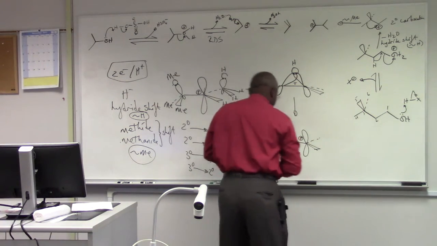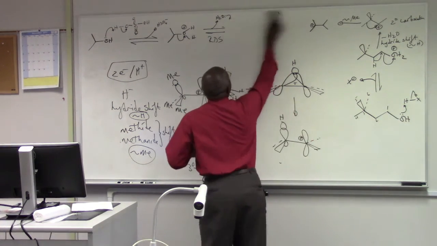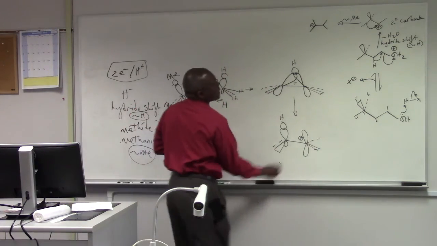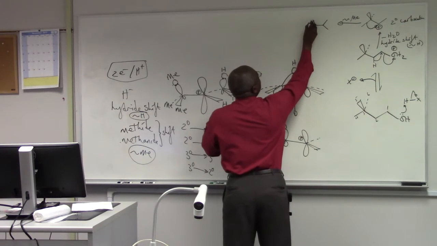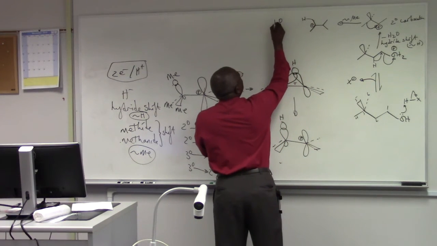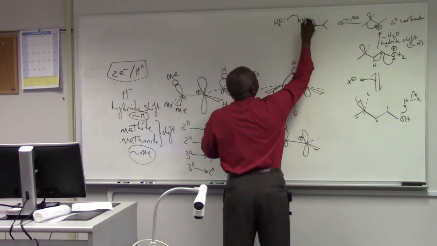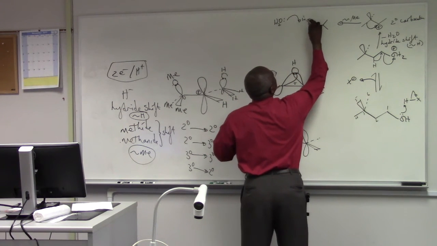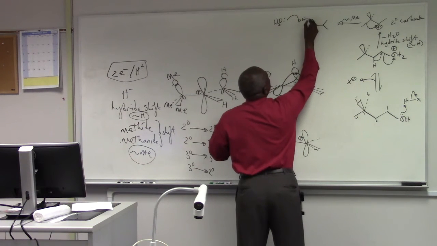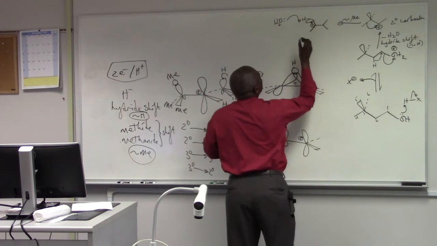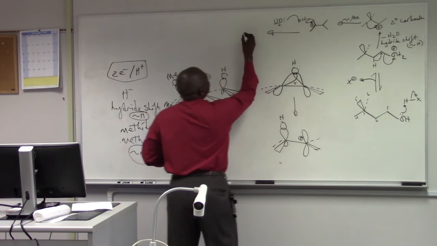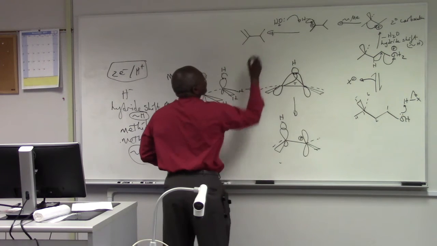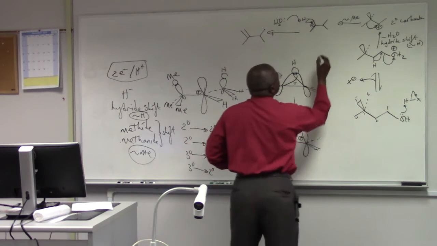And then, in the final step of the reaction, a base, which in this case will be water, the water molecule I lost here, comes in and acts as a base, and I can do this in a couple of ways. I can suck off this proton, and that's going to generate this alkene. That's one option.